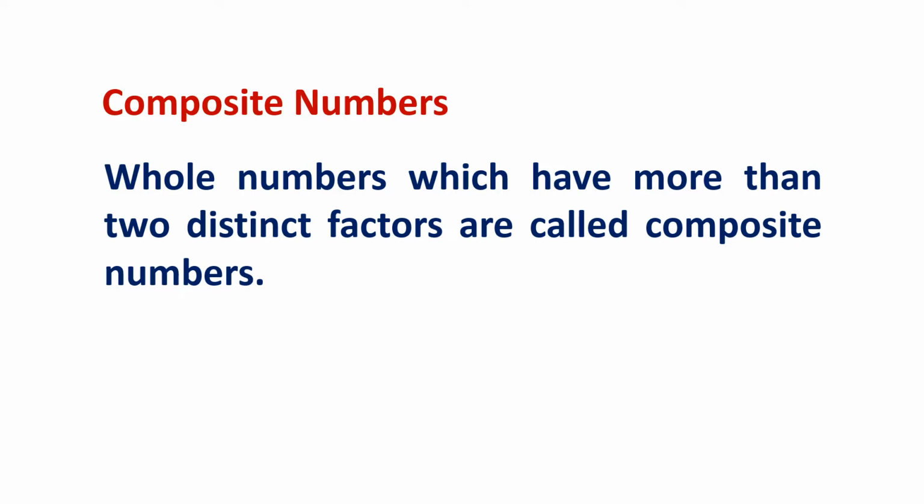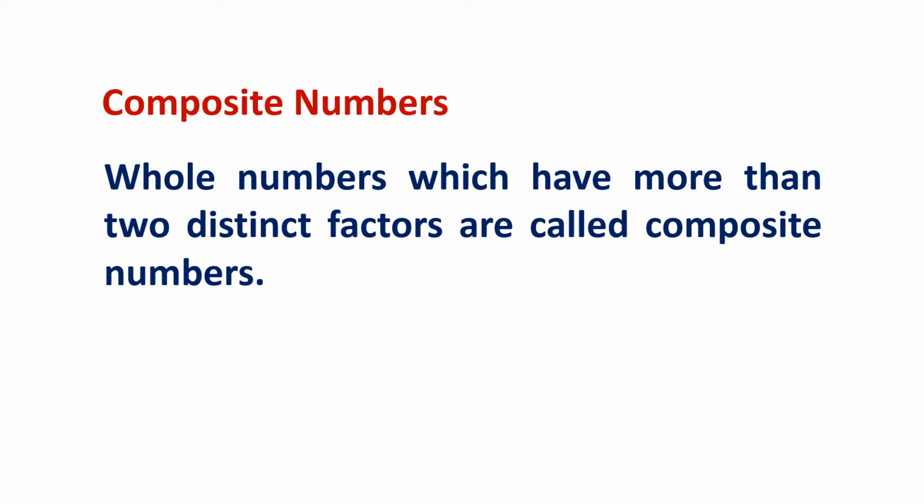In our previous table, consider the number 4. We had 3 factors, 1, 2 and 4. So, it has more than 2 factors, therefore 4 is a composite number. Then consider the number 6. There we had 4 factors, 1, 2, 3 and 6.